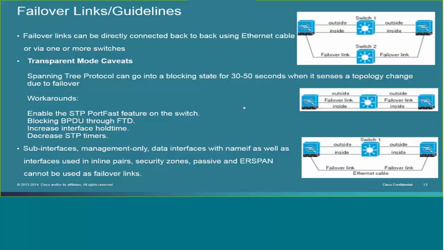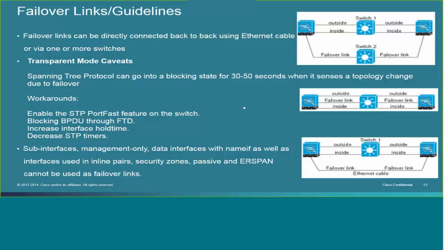So let's say a particular firewall is active and it is passing the BPDUs through it. The standby firewall is not passing BPDUs, so the ports connected across the switch on the standby firewall will not be receiving any BPDU. So for them, those ports are normal.